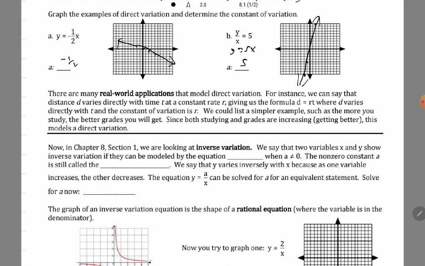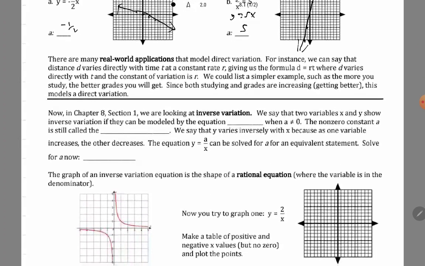So now in chapter 8, we're looking at inverse variation. We say two variables, x and y, show inverse variation if they can be modeled by the equation y equals a over x, when a is not equal to 0.